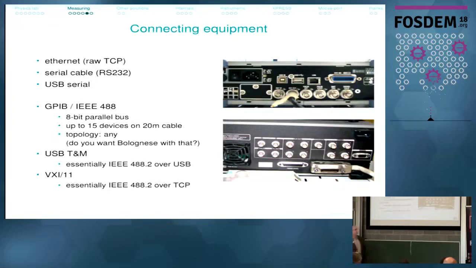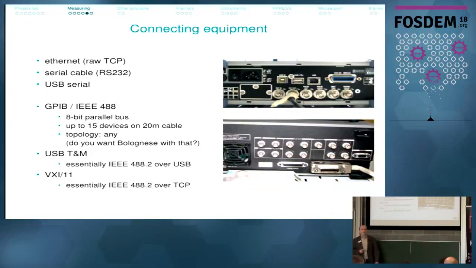You can control some of the older equipment with serial cables. Some of them have a USB port that acts as a USB serial interface. Then there's this GPIB, General Purpose Interface Bus, or IEEE 488. That's something people outside the lab don't know.